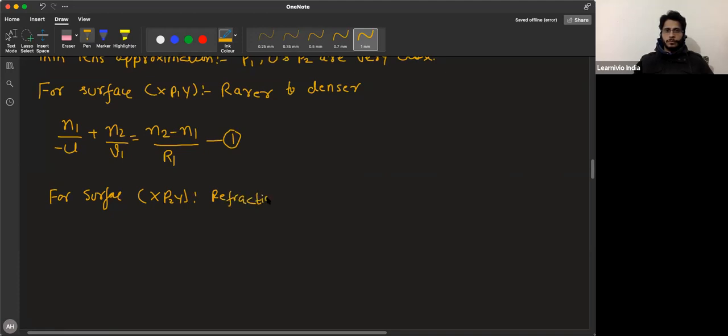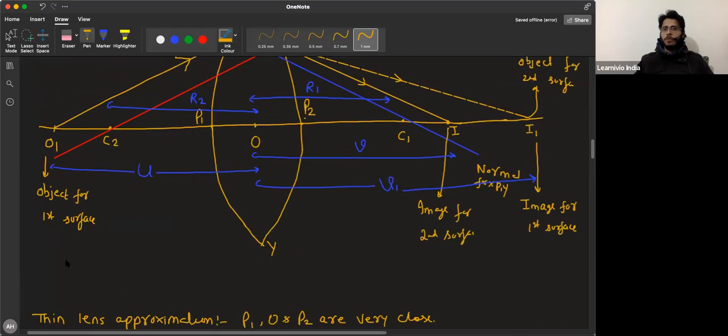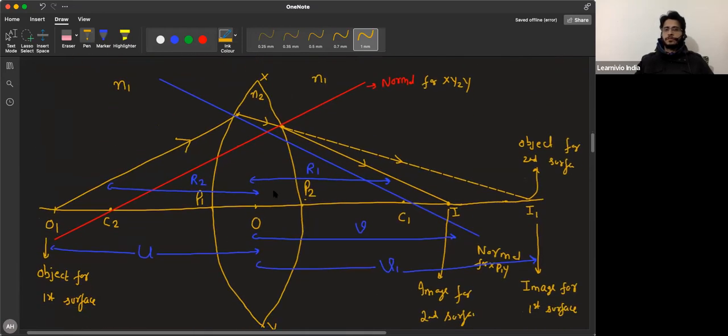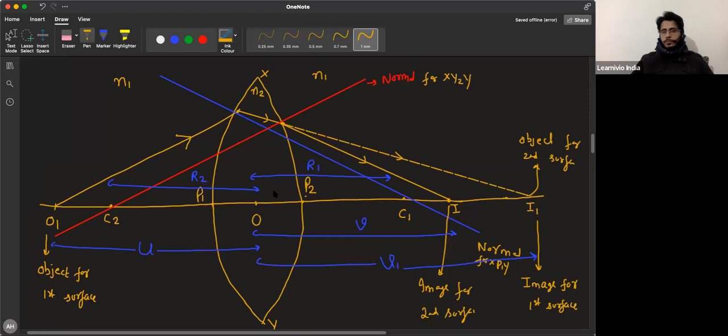Now what is the object for the second surface? Look at the ray diagram. What is the object for the second surface? V1.